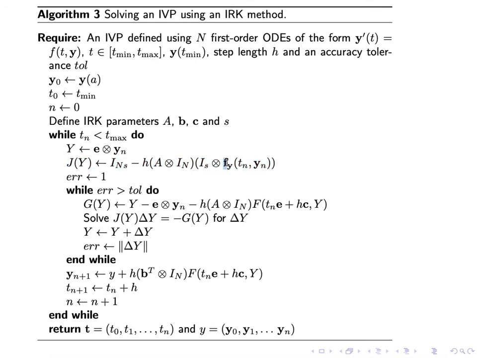So we calculate this. Notice sometimes this Jacobian might need to be approximated using finite differences. Initialize an error to be some number which is bigger than tol, for example 1. And while that error is bigger than tol, we calculate our g(Y) function. This is a straightforward calculation, as most programming languages have some form of command for the tensor product.